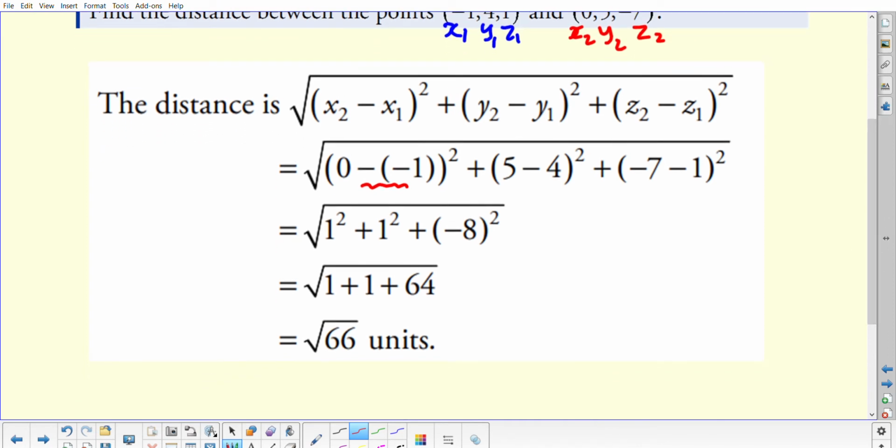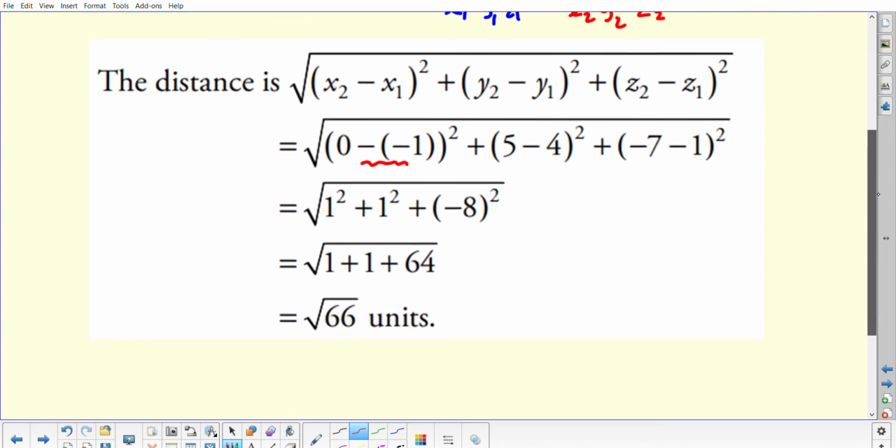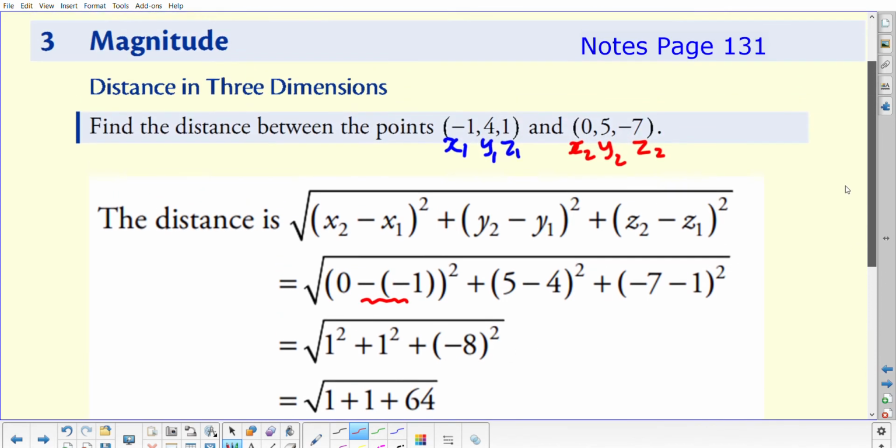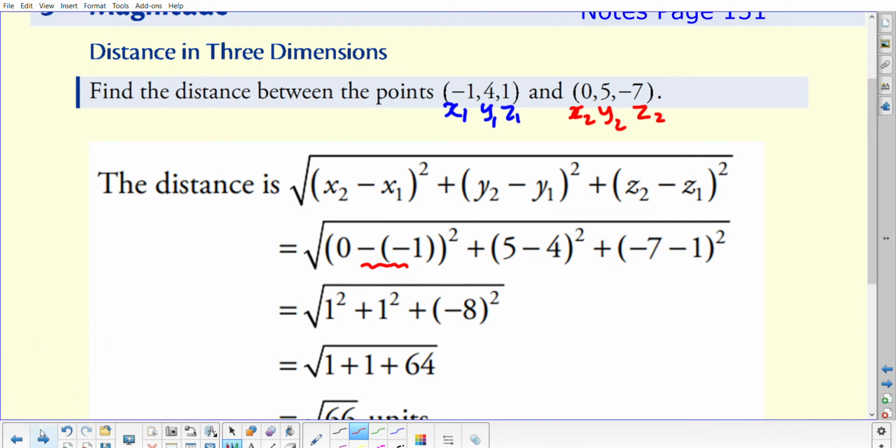And that would mean that you'd end up with root 66, square root of 66, and that would be your units. And that doesn't simplify any further in terms of being a third. So that's just an extension of previous knowledge in terms of being asked to work out a distance.